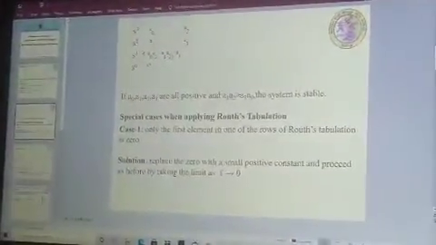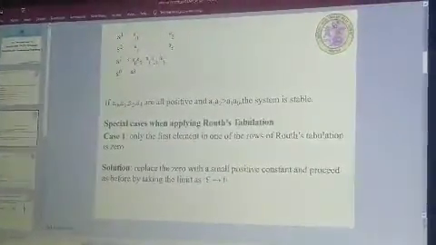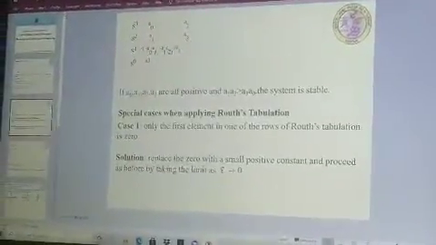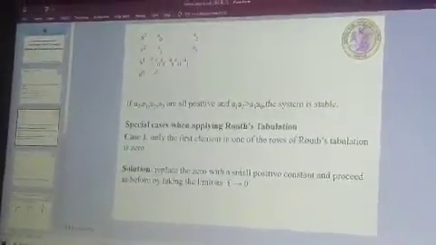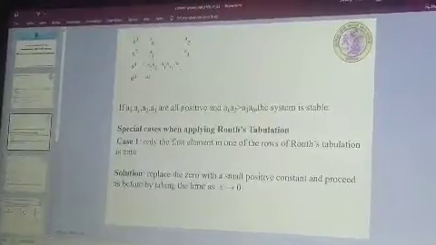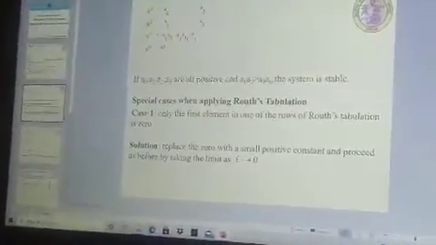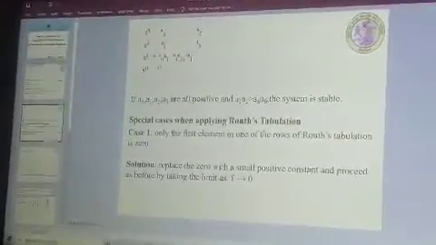Now, while doing this Routh-Hurwitz criterion, by doing the Routh array to determine whether the system is stable or not, there are two special cases when applying the Routh tabulation. You will get two special cases or two problems when you apply the Routh tabulation. So what is the problem you are going to get?